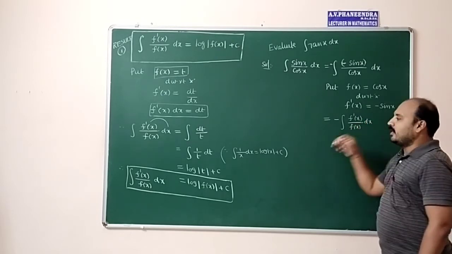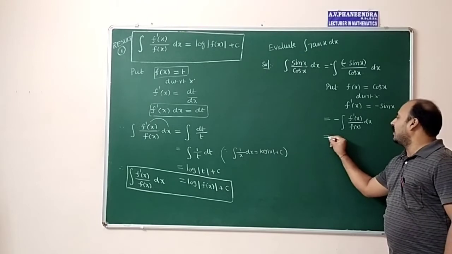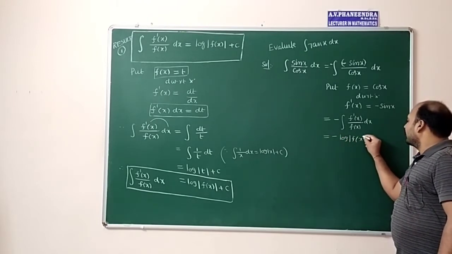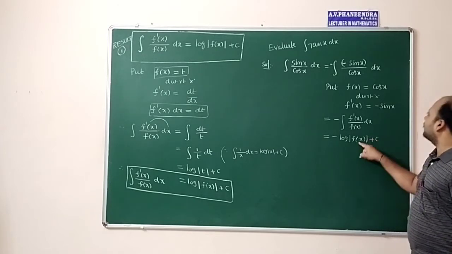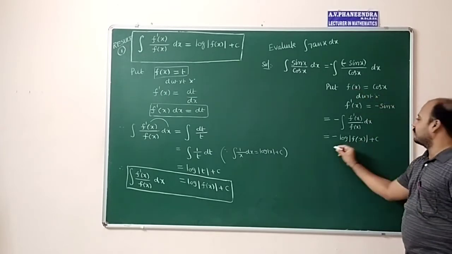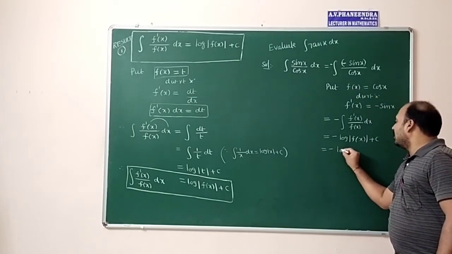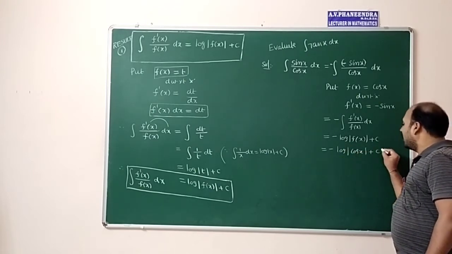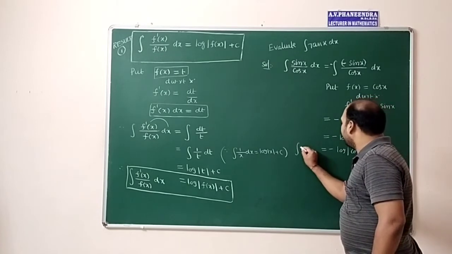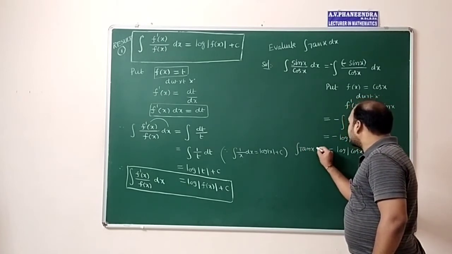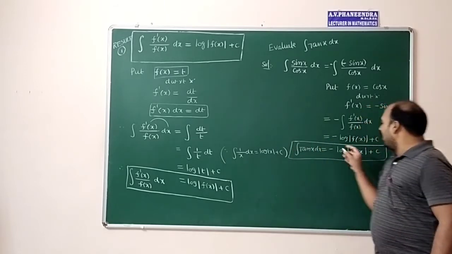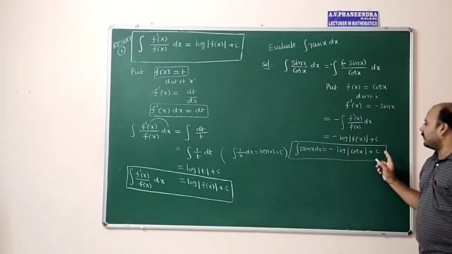We know that by using that formula it becomes minus log mod f of x plus c. What is f of x? We assumed here cos x, which is equal to minus log mod cos x. Now onwards you remember as a formula, integral tan x into dx is equal to minus log mod cos x plus c.